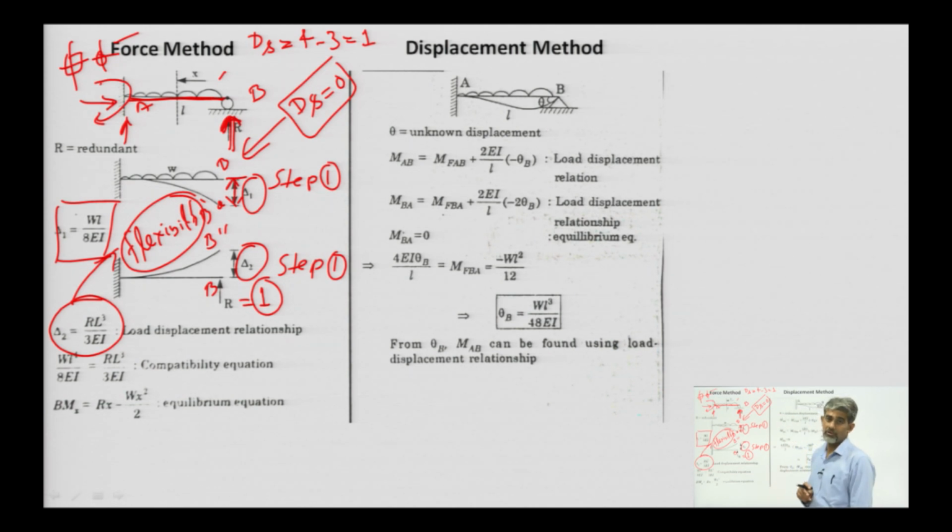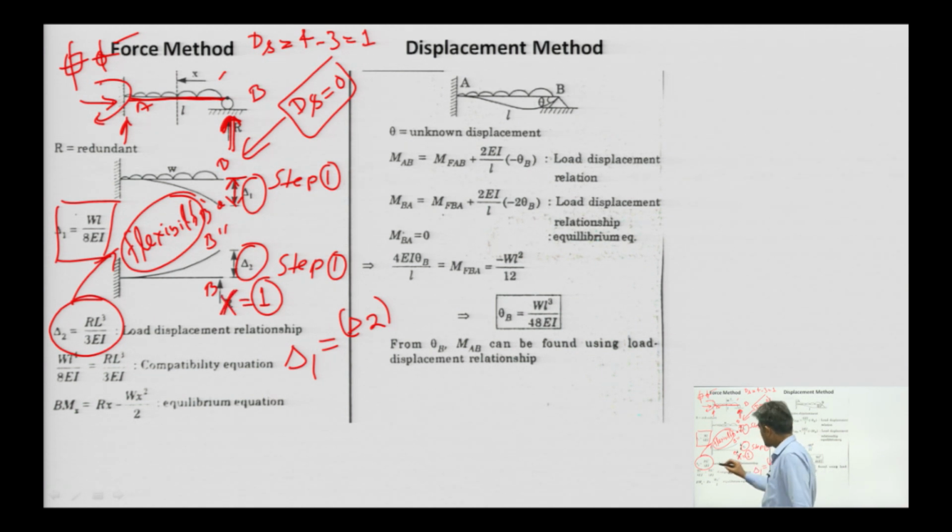How can it be written? Look here: delta 1 is equal to delta 2 multiplied by R, where delta 2 is L cube by 3 I.